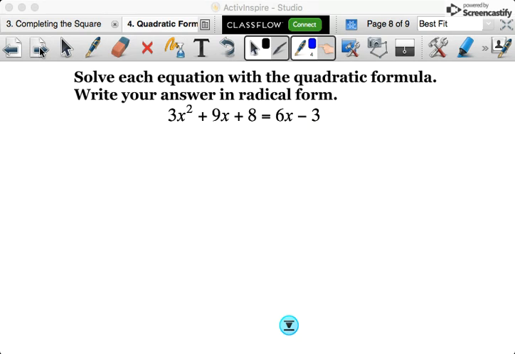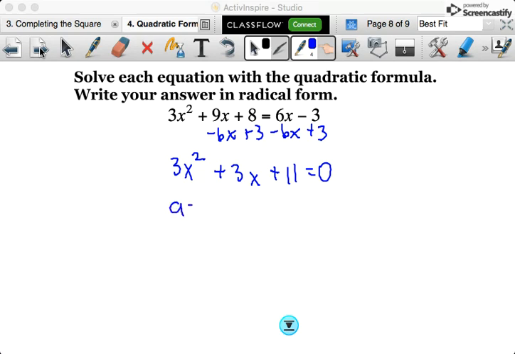My next problem, I'm going to do the same thing. So I'm going to subtract my 6x. I want this to be in standard form. I'm going to add 3. This is going to give me 3x squared plus 3x plus 11 is equal to 0. And I'm going to plug it into my quadratic formula, but I'm first going to say what's a? It's 3. What's b? It's also 3. And what's c? It's 11.